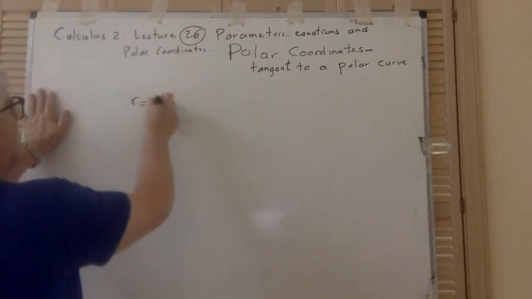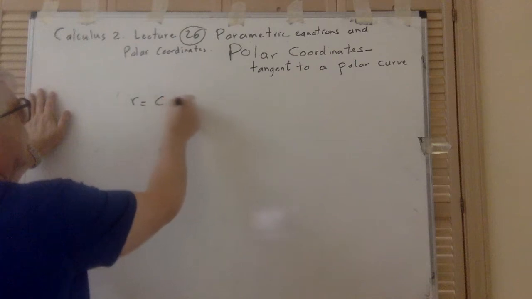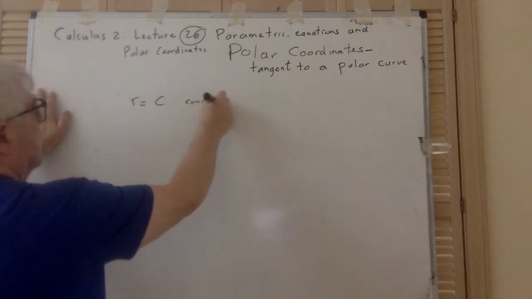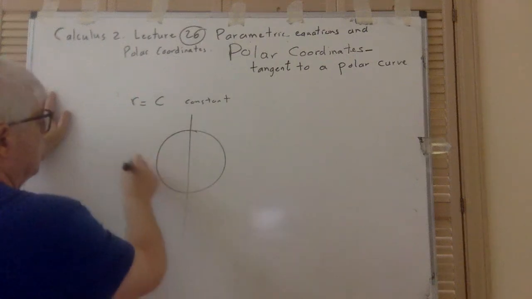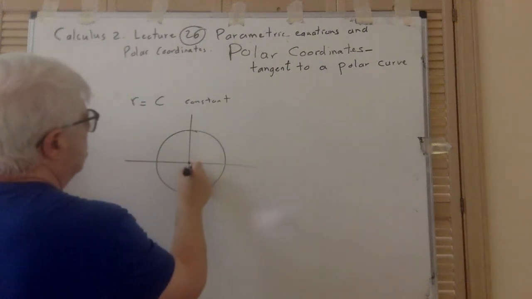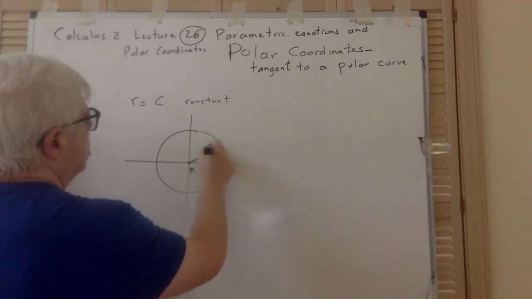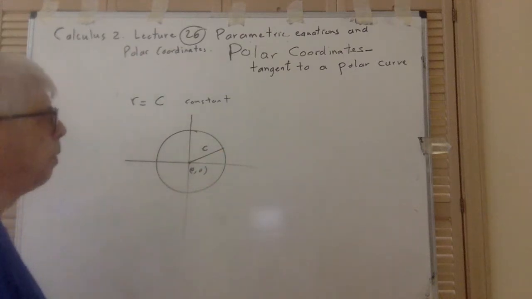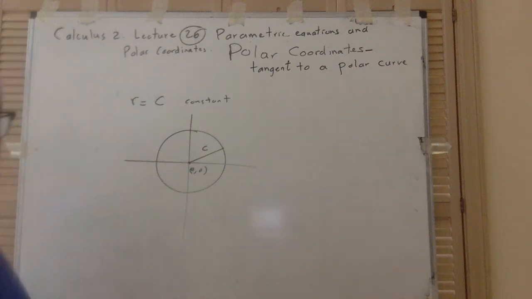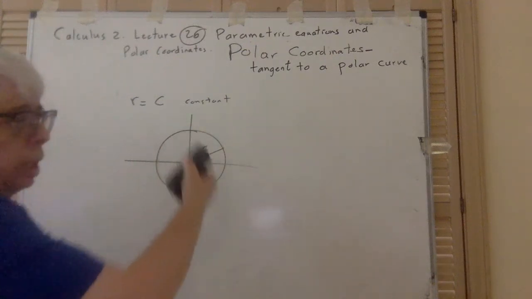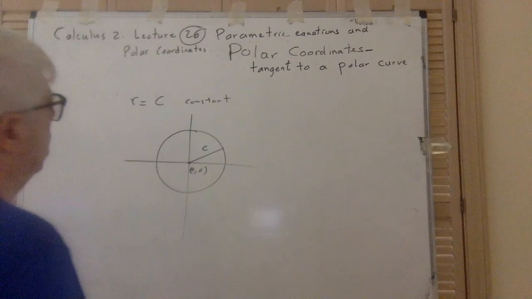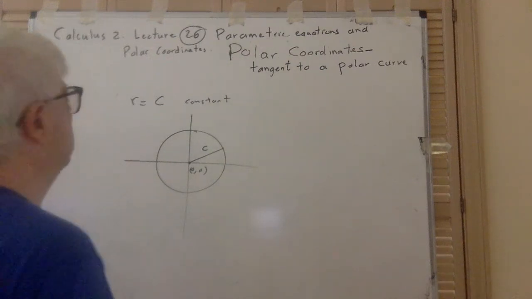So r equals a constant, C, and that is in fact a circle with radius C. This is (0, 0), and this is a circle with radius C. There are other types of circle, like if the center is somewhere else, then you will get other formulas, which I leave to you.